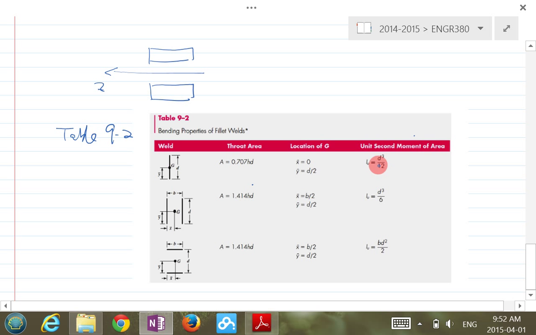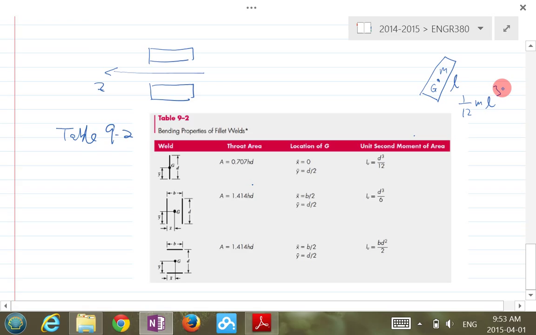So for example, if this is one here, it's basically d cubed over 12. This is similar to a bar in a mechanical system: if the total length is L and the mass is M, the moment of inertia about the centroid, or center of gravity, is 1 over 12 M L cubed.